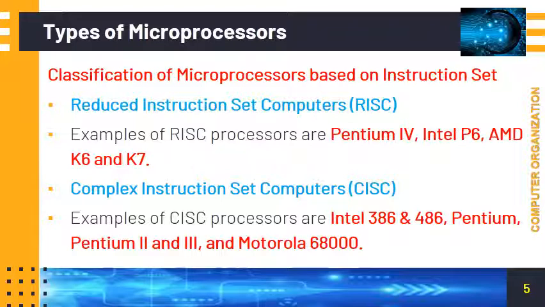For complex instructions, CISC is used, that is complex instruction set computers. When compared to RISC, CISC is very expensive. Examples of CISC processors are Intel 386 and 486, Pentium 2, Pentium 3 and Motorola 68000. So these are the types of microprocessor.